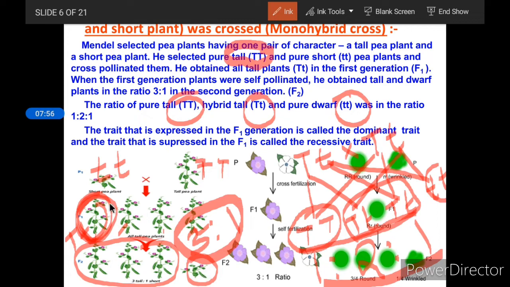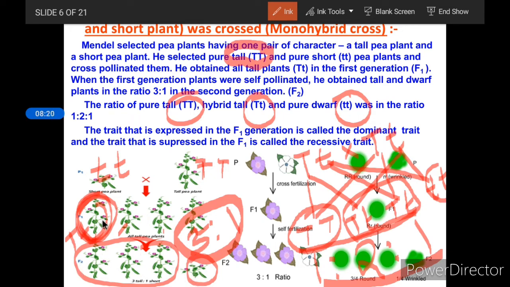That means when a short plant and a tall plant are crossed, the short character is not lost anywhere. It is not vanished, but hidden in this generation itself. That is why when it was self-pollinated again, it is shown here.